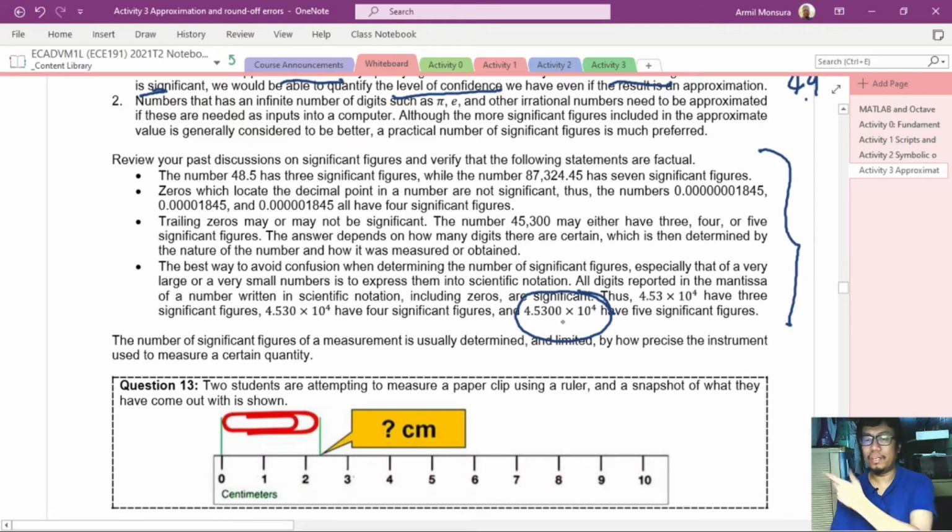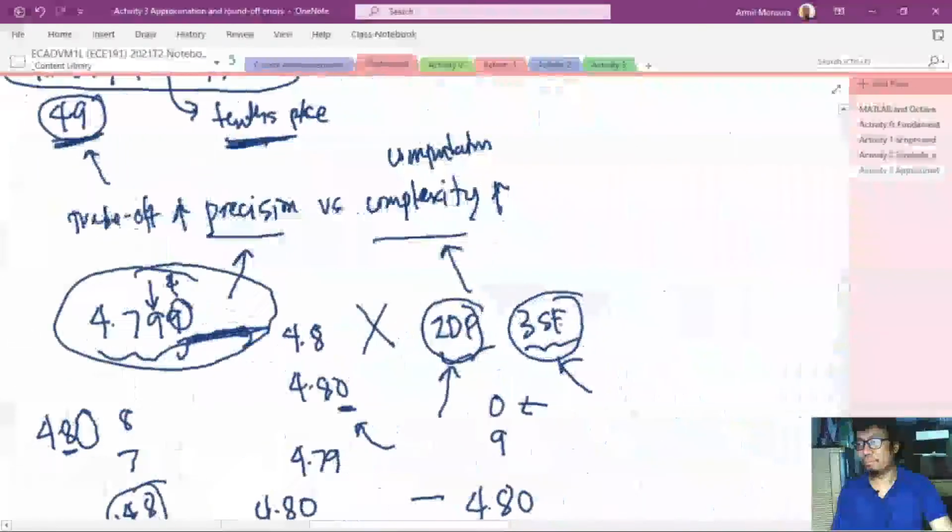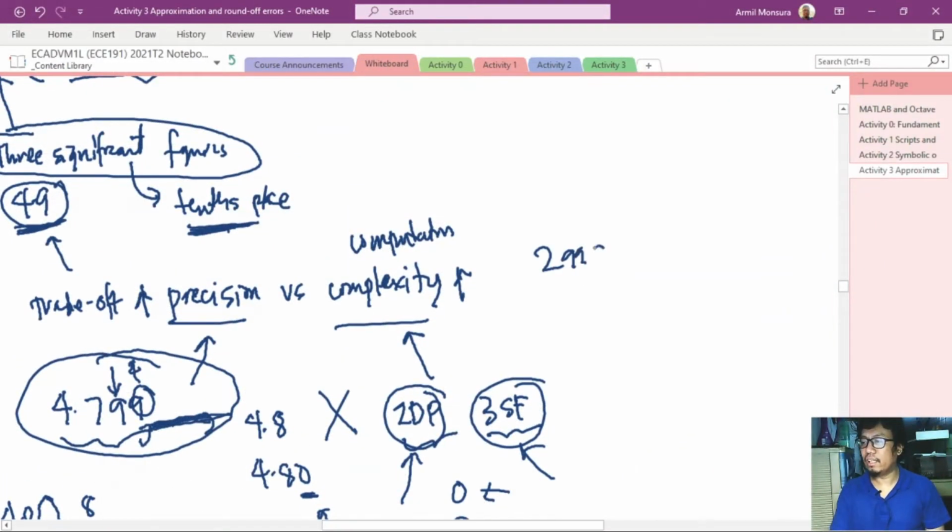Say for example the number is 29,993,947. If you write this as 2.999 times 10 raised to 7, you're expressing this number in terms of four significant figures.